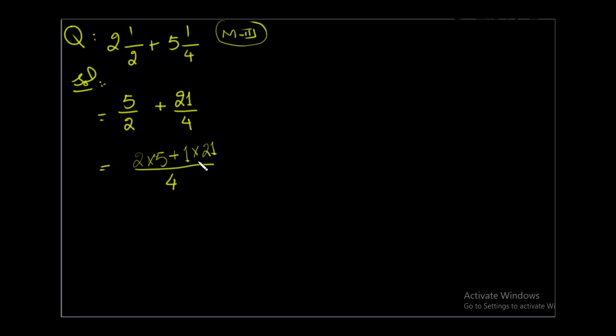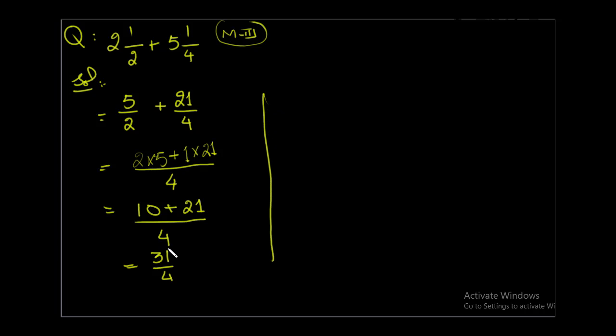So this is the multiplication of these numbers. When we multiply 2 with 5, 5 2s are 10, and 21 1s are 21. So over 4, when we add 21 to the 10, we get 31 divided by 4.